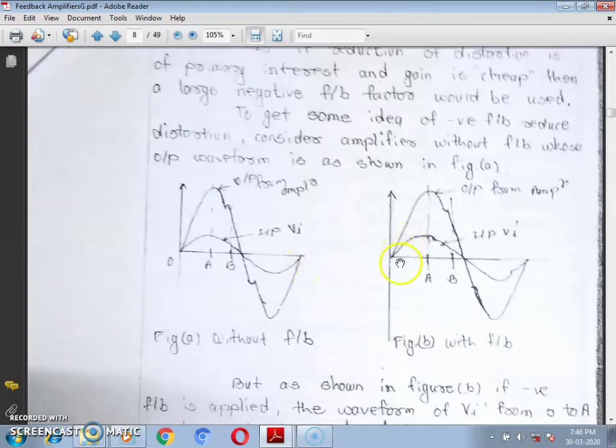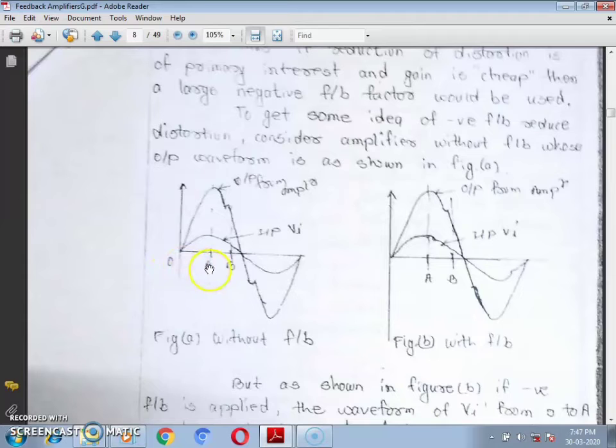Let's say we apply the same sine input VI to the feedback amplifier, and the output response looks like this. Definitely for the feedback amplifier the gain of the system is reduced, so the output is also reduced, no issue about that.